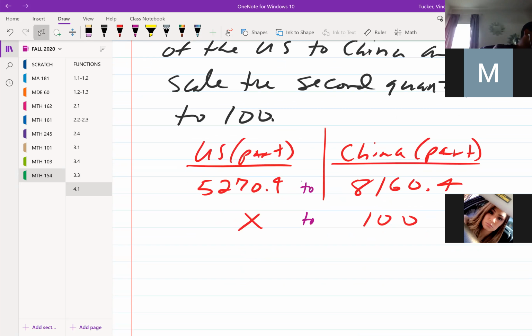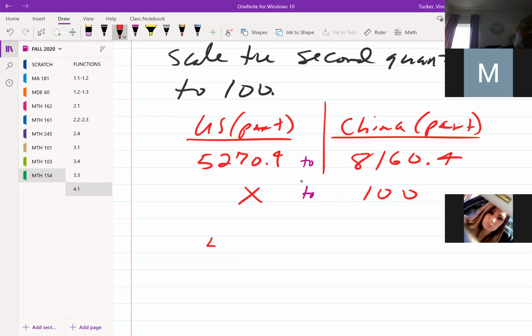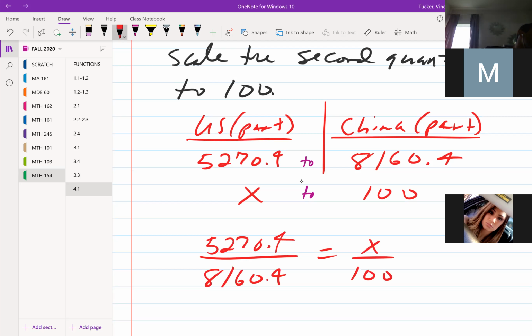And so we should be able to set up our proportions that way. Remember, whatever's in front of 2 is your numerator. And after 2 is your denominator. And that's our setup.